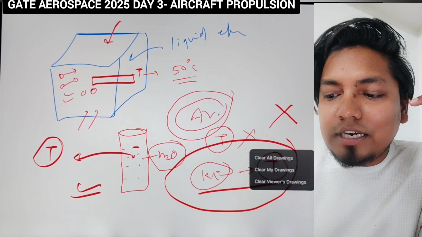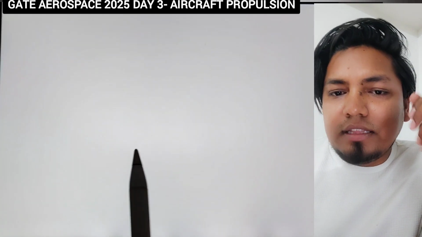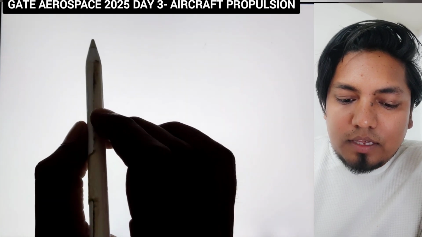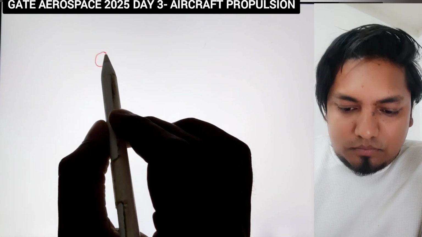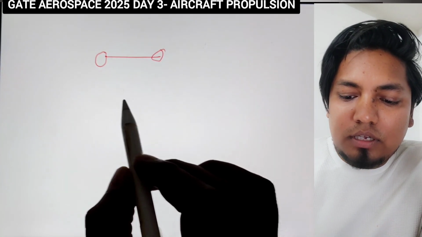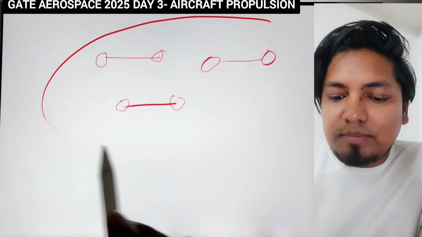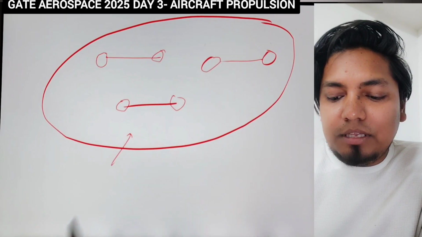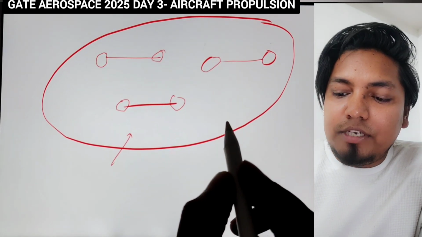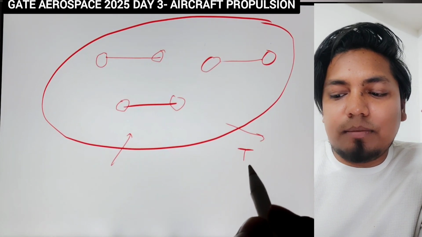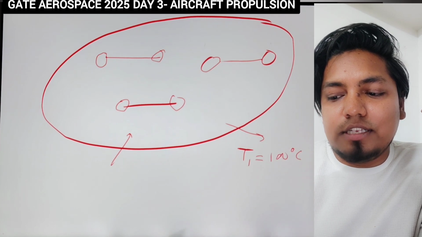Let's understand it like this. Imagine a situation. I am giving you a diatomic molecule. Suppose this is my diatomic molecule and I am keeping them in this system. I am measuring a certain temperature, T1, which is suppose 100 degrees Celsius.